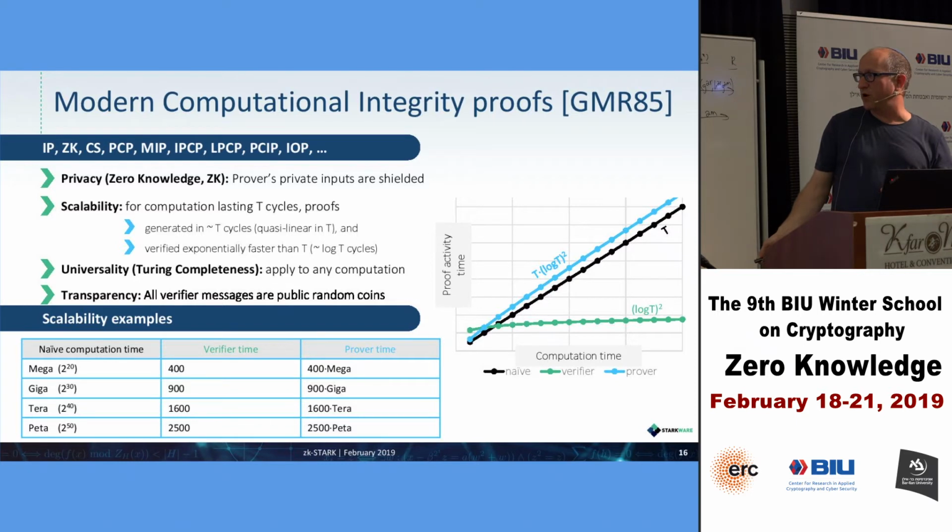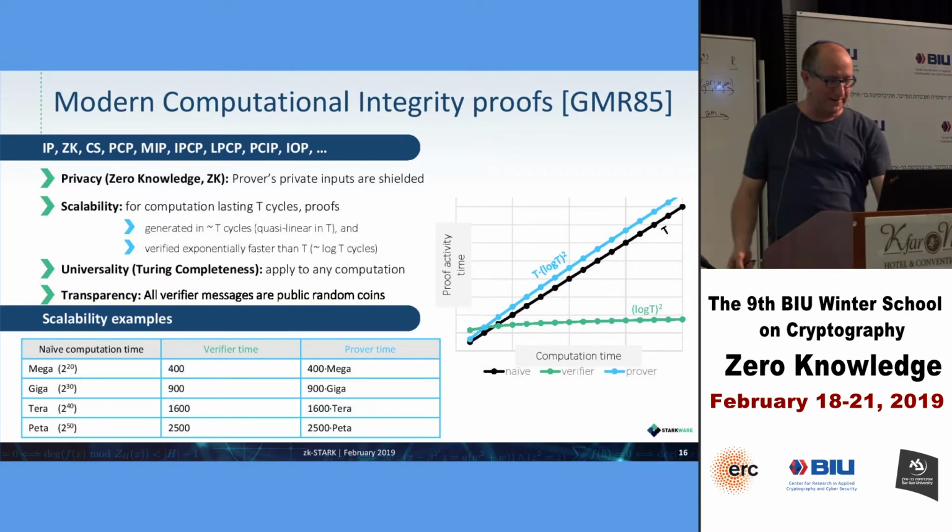So a prover could run in time 2,500 times a peta, which is considerably more than a peta. It's 2,500 times more. So the prover would work more, but then everyone else could verify the validity and computational integrity of the whole blockchain in 2,500 steps, which is much less than 2 to the 50. So that's the kind of thing you could get with scalability.